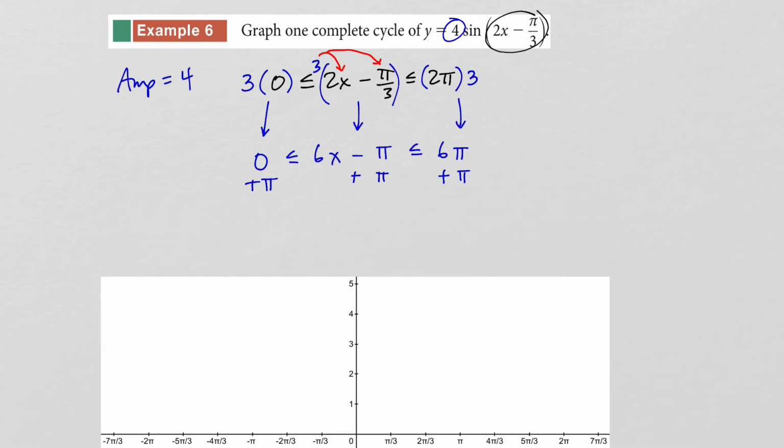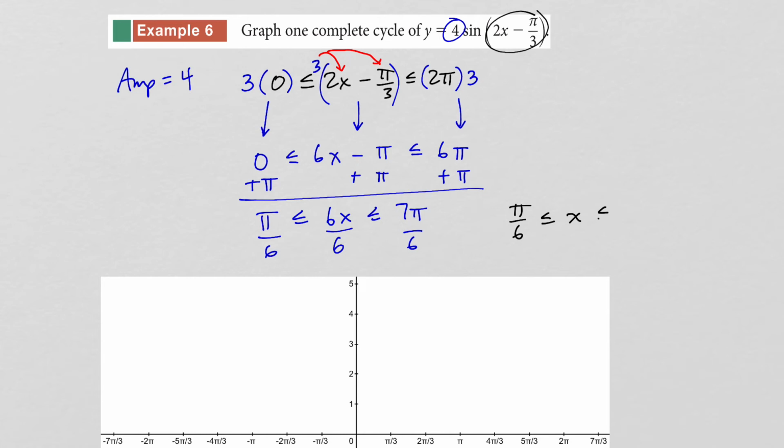After I add pi, we're going to get pi is less than or equal to 6x is less than or equal to 7 pi. And then the last thing we need to do is just divide by 6. When we do that, we get pi over 6 less than or equal to x less than or equal to 7 pi over 6.